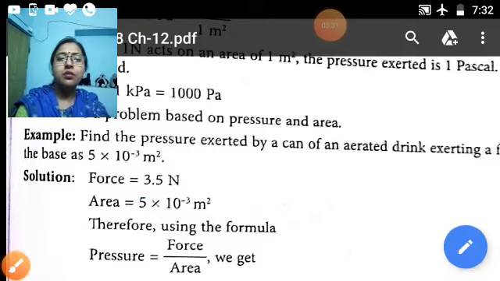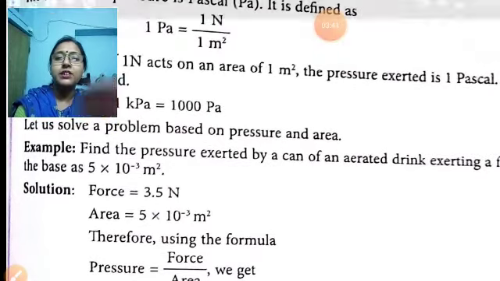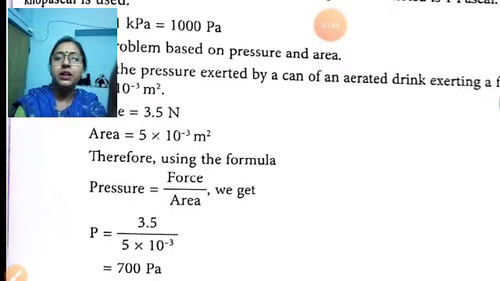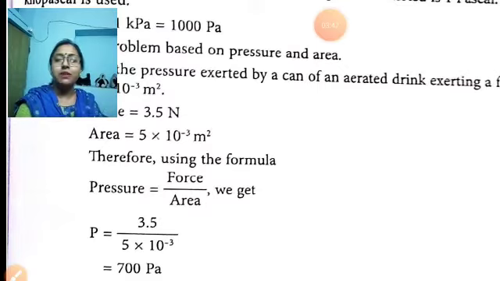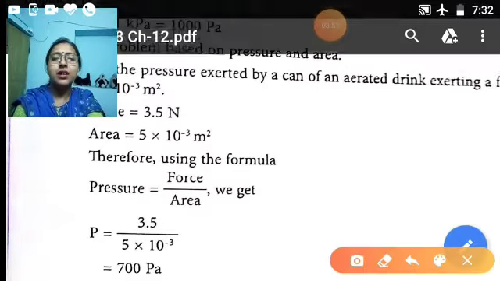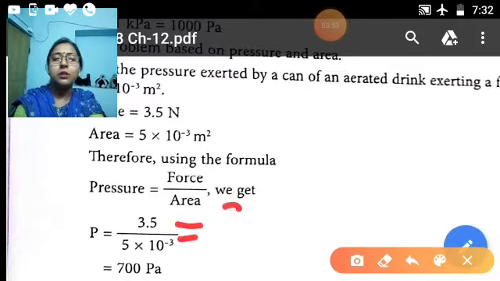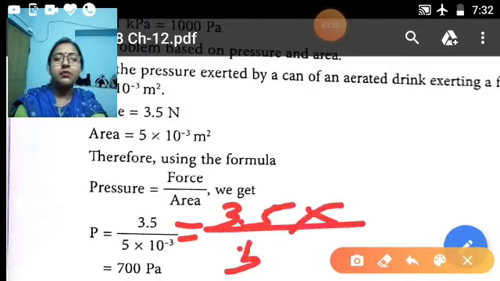Now, using P is equal to force by area, we write P is equal to 3.5 divided by 5 into 10 to the power minus 3.